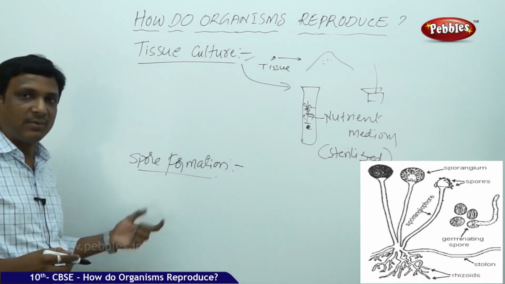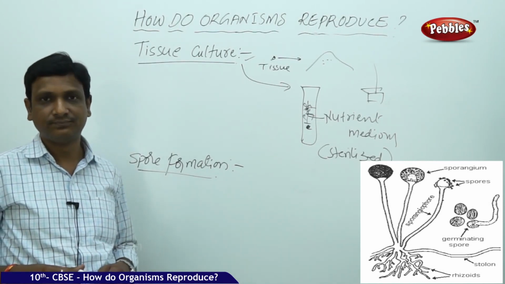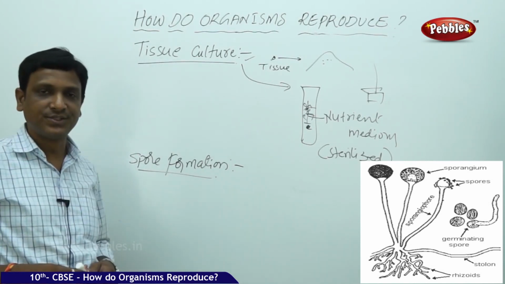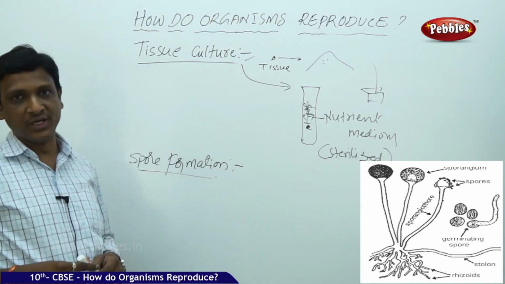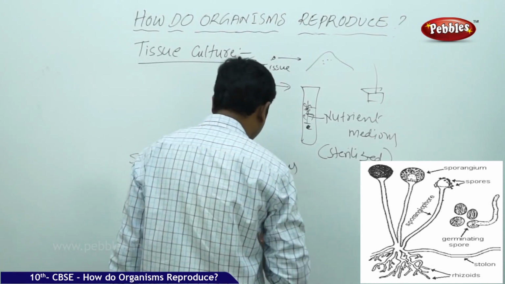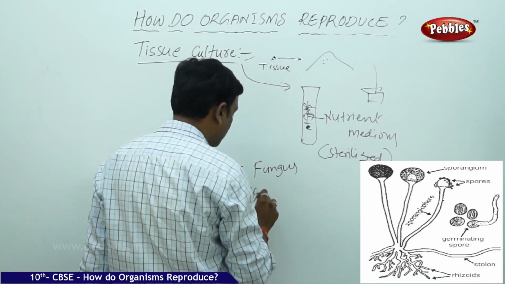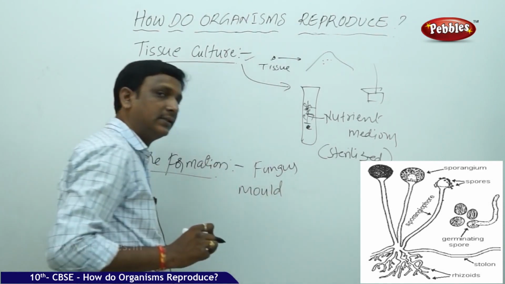And we find some of the plants or some of the organisms reproduce by spores. You call it spore formation, sporulation. The best example we see is fungus, and under this fungus we see the molds, bread mold.